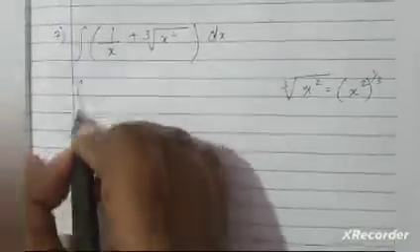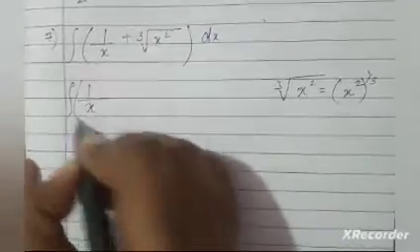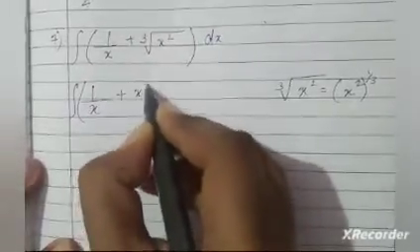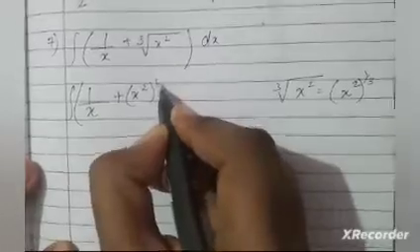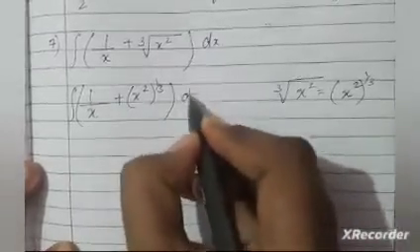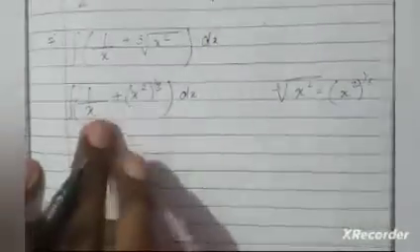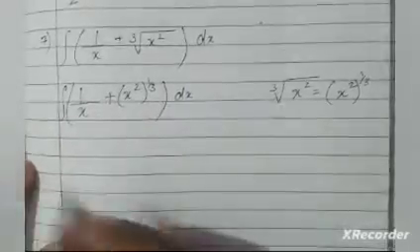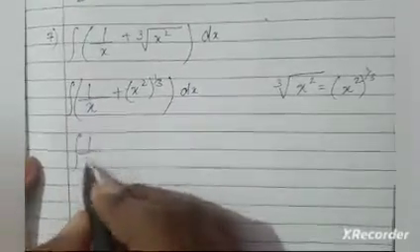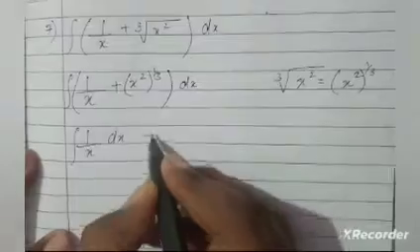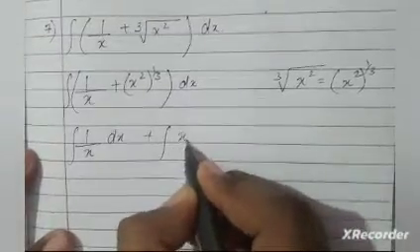Okay, so integration 1 by x plus x square to the power 1 by 3 dx. Now we have to integrate this term individually because we have plus sign in between. Integration 1 by x dx plus integration x.